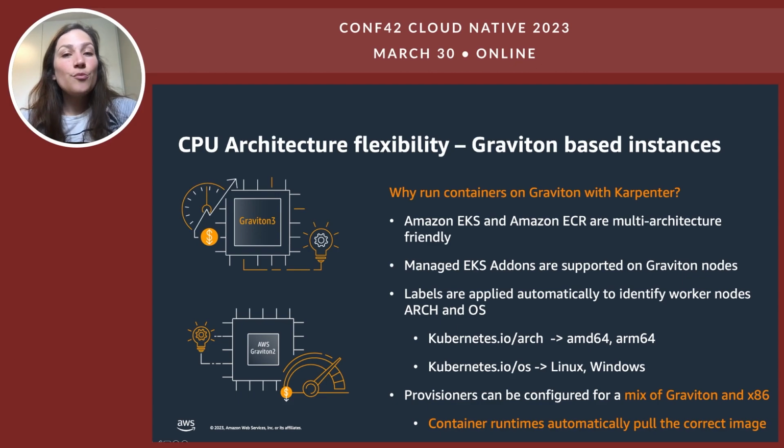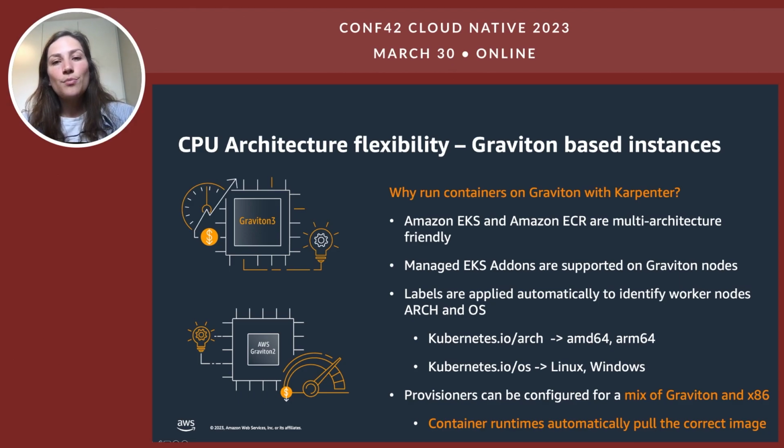So why is Karpenter a great orchestration system to work with Graviton processors? If you went through the process of building multi-architecture container images, which means that you want to allow your applications to use both Graviton as well as x86 processors, Karpenter is able to combine Graviton, Intel, and AMD together in a single cluster just by adding the support of the different processors in your provisioner.